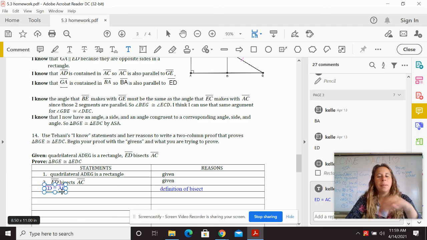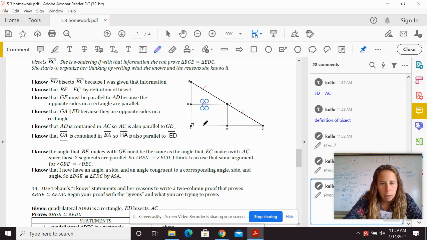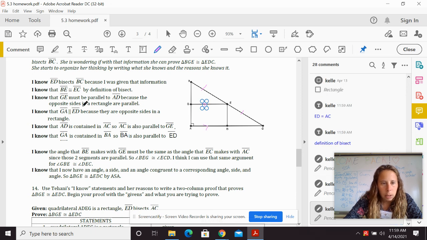Yeah. Okay. What's next? I know that GE must be parallel to AD because the opposite sides in a rectangle are parallel. So as you're reading these, I would also be making marks on your picture. So GE is parallel to AD because opposite sides in a rectangle are parallel.